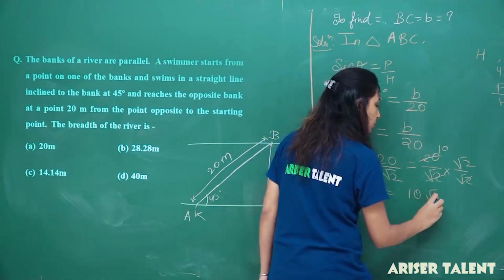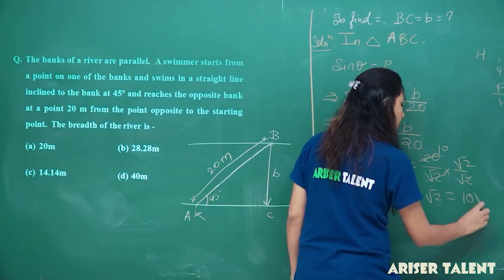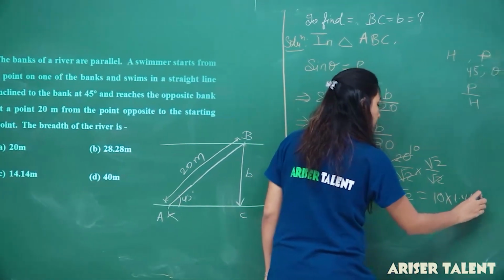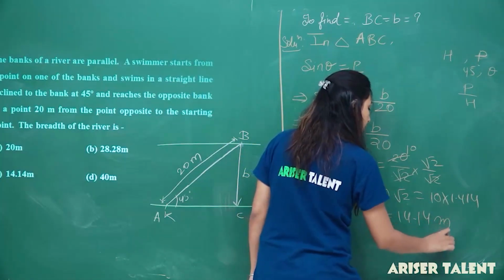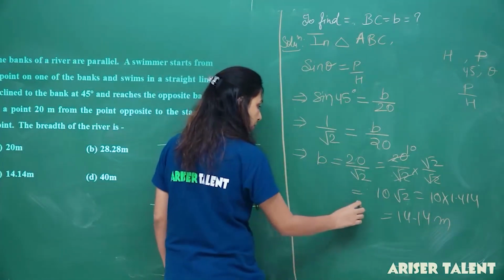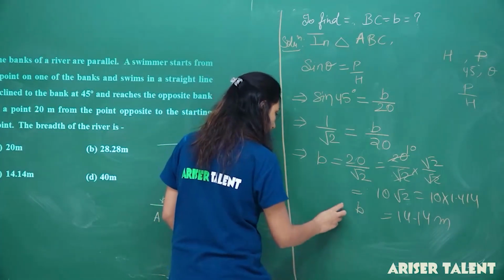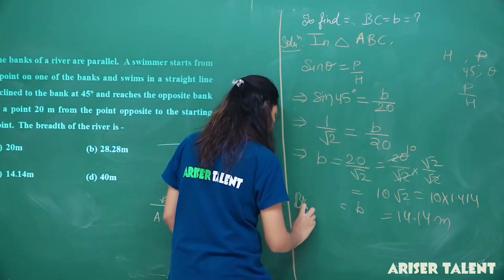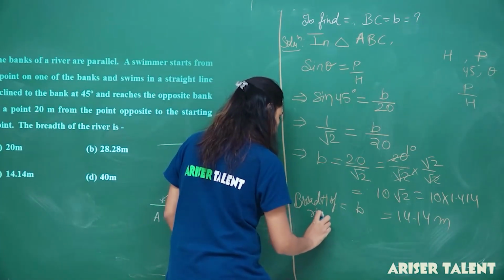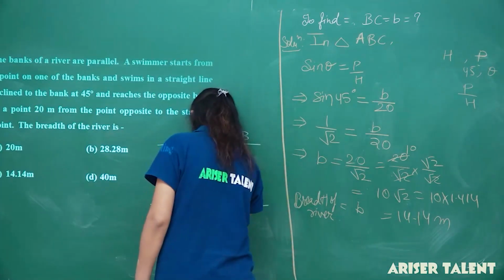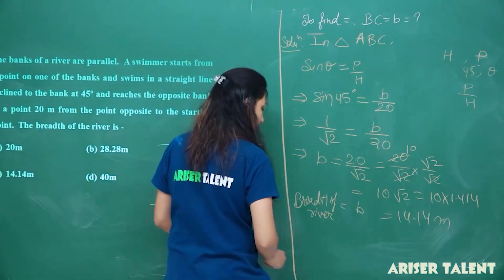So 10 root 2. Now the value of root 2 is what? 1.414. So it will give you 14.14 meters. So that will be the value of the breadth of the river. So this will be your answer.